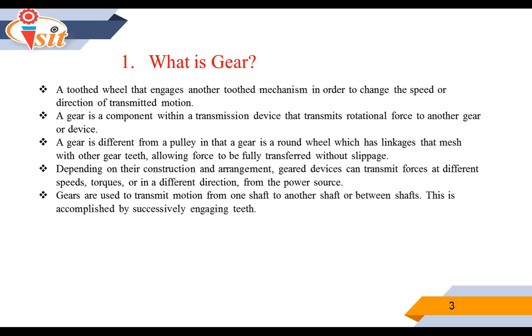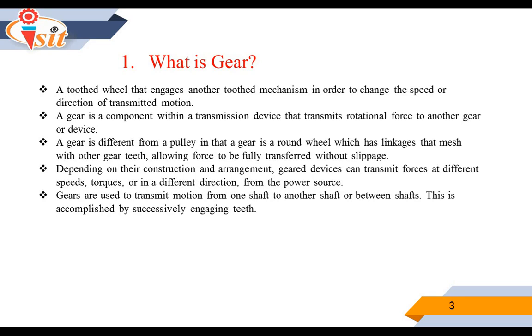It is a round wheel which has linkages that mesh with each other, gear teeth, allowing force to be fully transferred without slippage. Depending on their construction and arrangement, gear devices can transmit forces at different speeds, torques, or in different directions from the power source.